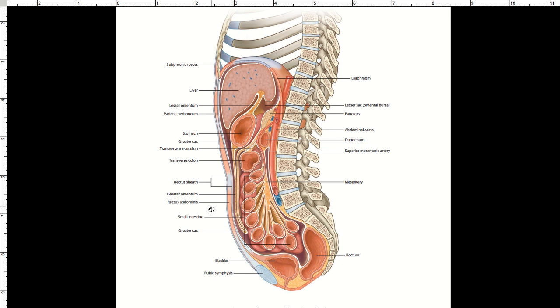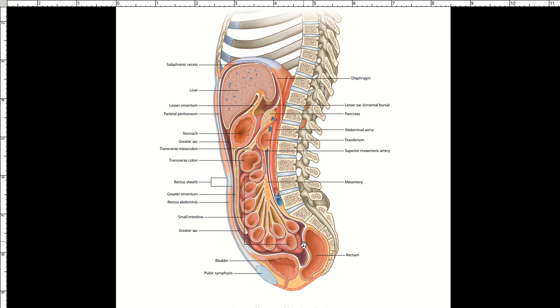So in male, the cavity is actually closed, but in female, it is actually open communication to the true pelvis via the uterus. That's why you find that there is a higher infection in the peritoneal cavity in female than in male.